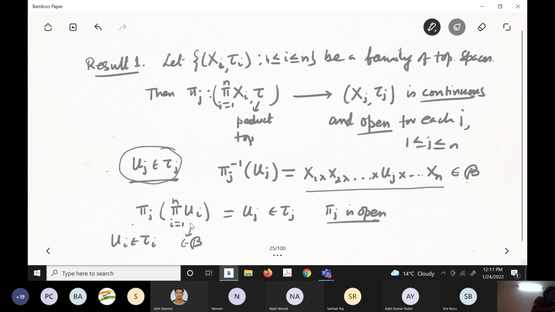That is good enough to show that pi_j is open. Pi_j sends every open set in the product topology to open sets in the factor space. These are called the factor spaces. So pi_j is open and continuous. That's all you need to know.